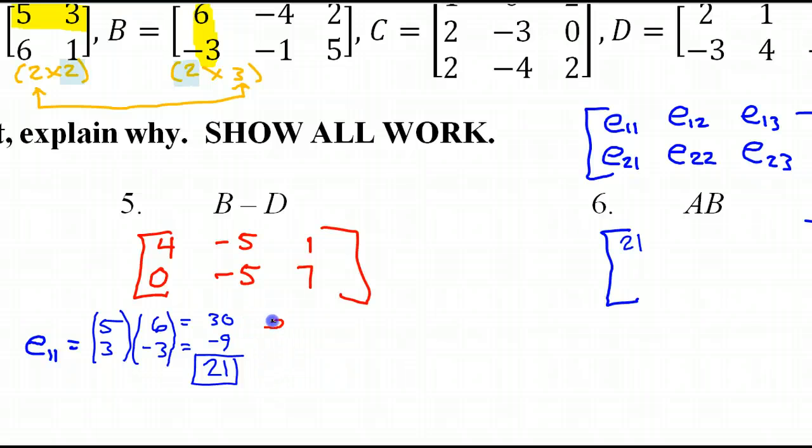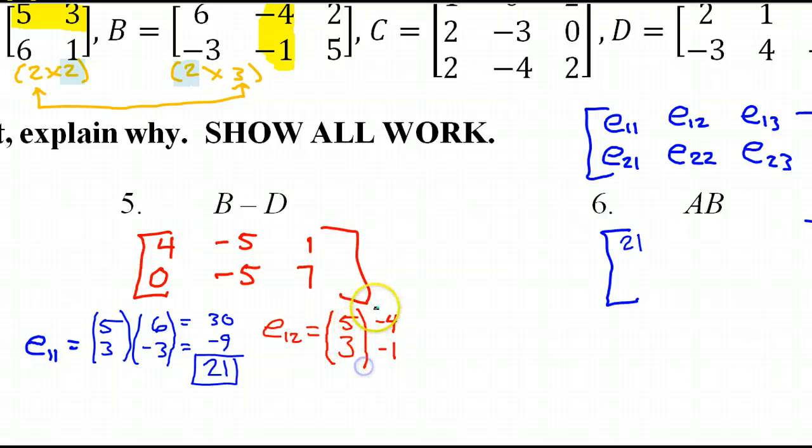Alright, so let's go ahead and find element 1, 2. That's row 1 times column 2. So row 1 is again 5, 3. Now this time column 2. So I'm talking about this guy. So that's going to be negative 4, negative 1.